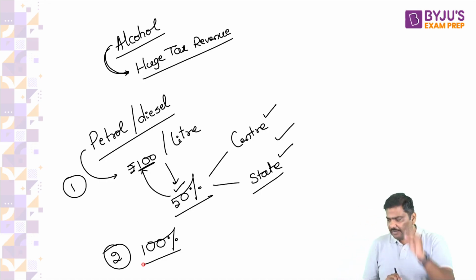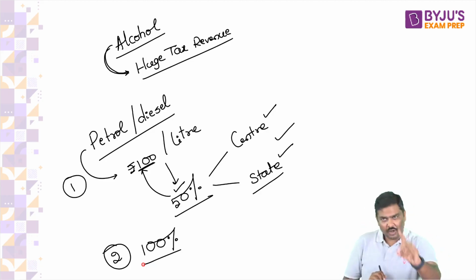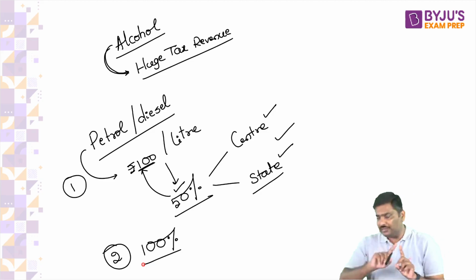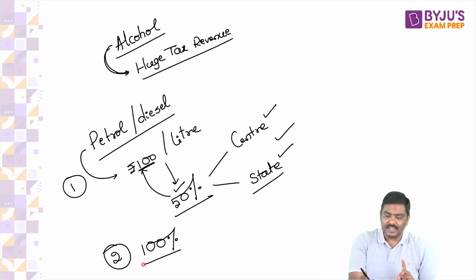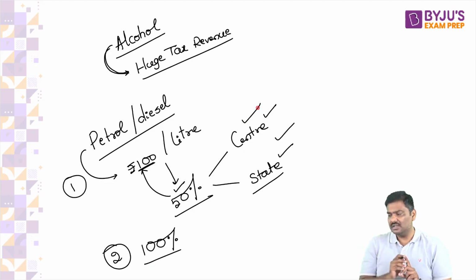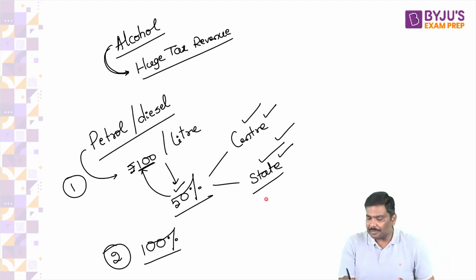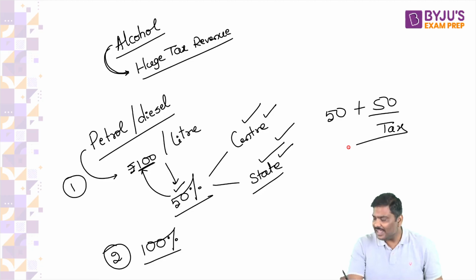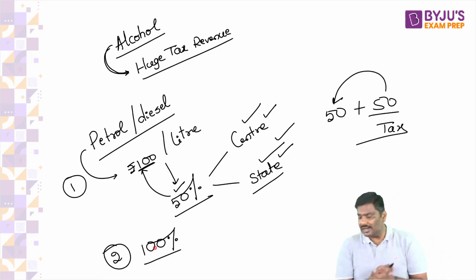If you pay 100 rupees as market price per liter of petrol, more than 50% of it is central government taxes plus state government taxes. That is, if the market price is 50 rupees, you pay another 50 rupees in taxes. Based on this, can I say the tax rate is more than 100% on petrol and diesel?